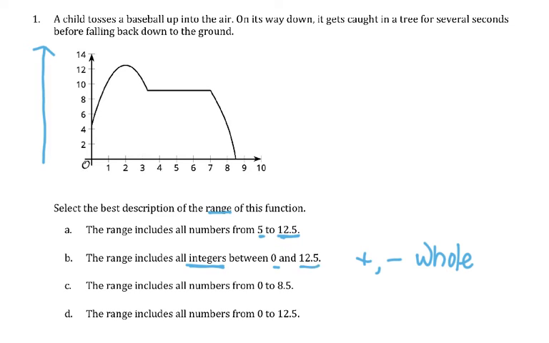Between 0 and 12.5. The range includes all numbers from 0 to 8.5, and the range includes all numbers from 0 to 12.5. All right, so remember what I said is we're looking at the graph. We are reading the graph on where does the graph start and where does it reach its full-on point.